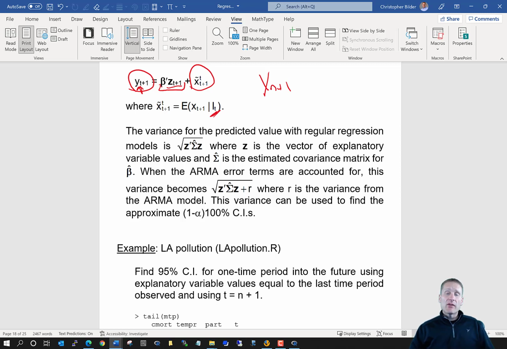Basically, do the same thing there, but instead of only using z prime sigma hat times z, which you would normally use under independence, you will end up having a little bit extra component corresponding to the variance from the ARMA model. I'm not going to go through the details. Don't worry about those details. But essentially, that's what you would have. And that will allow you to come up with confidence intervals for y sub n plus 1.